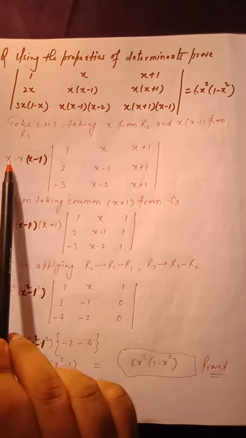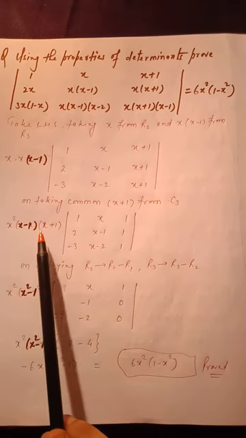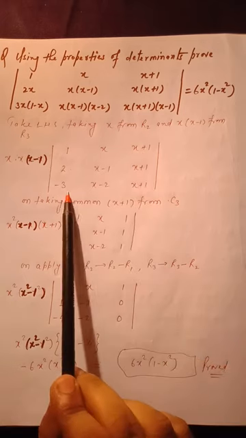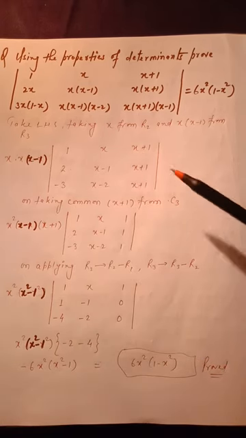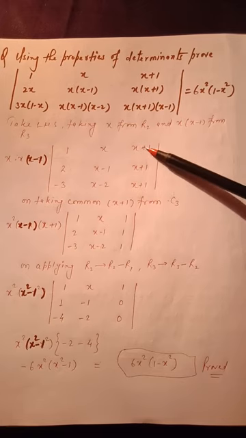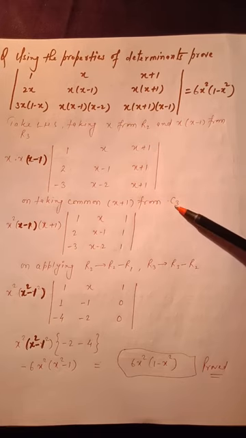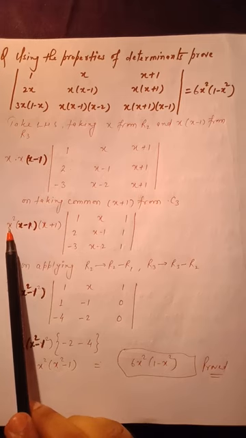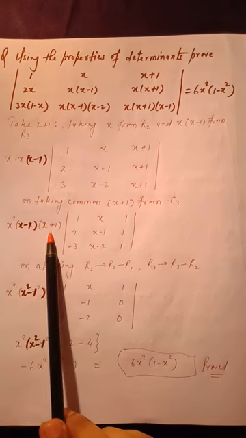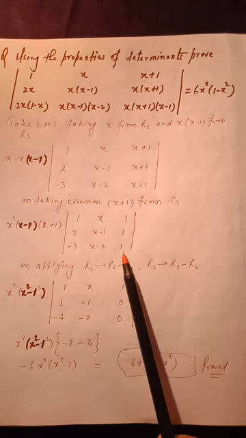So this is x minus 1 outside. So this is a determinant, and observe one thing, x plus 1 is common from column number 2. So take it out. So we will get x square, x minus 1, x plus 1 is out, and all the elements will become 1.